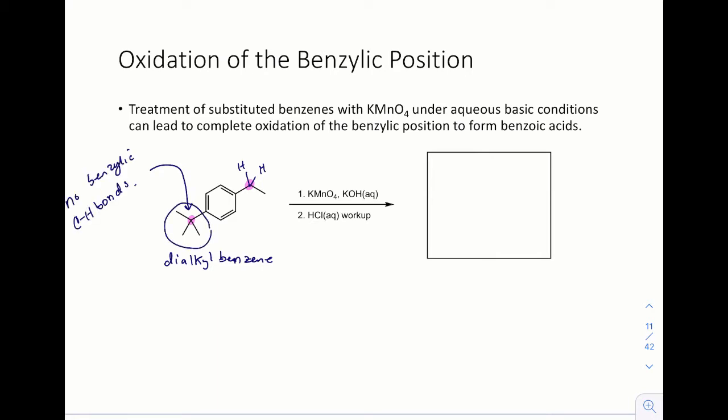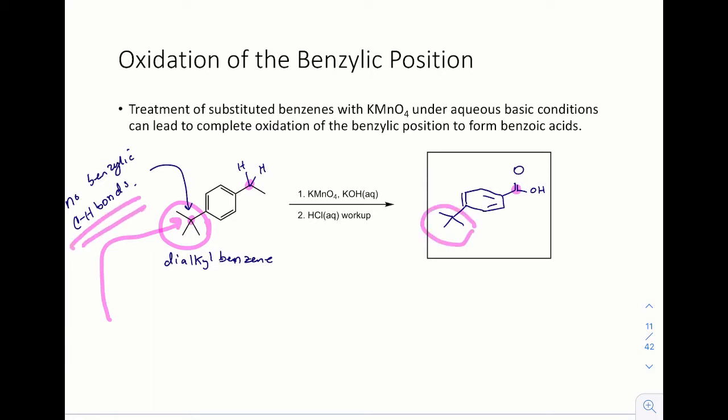Thus, this carbon with no benzylic CH bonds will not be oxidized, but the other benzylic carbon will. The chain will be fully chewed off, resulting in a substituted benzoic acid, where the benzylic carbon with the CH groups was oxidized to the carboxylic acid. The other benzylic carbon, which did not have any CH bonds, remained intact.